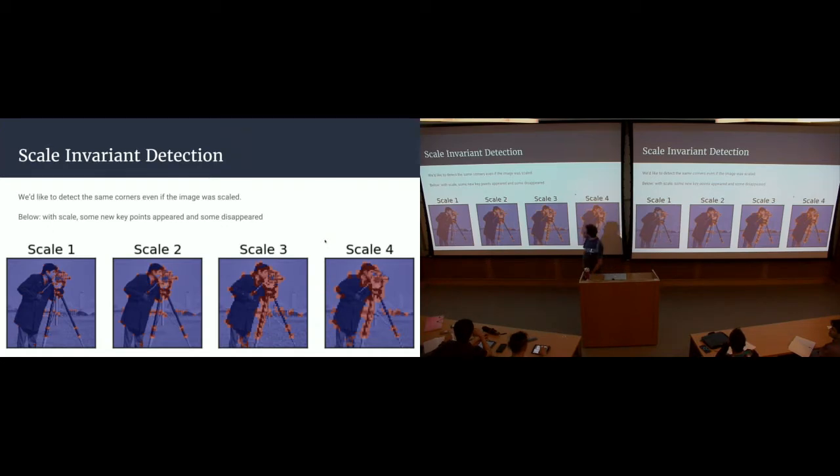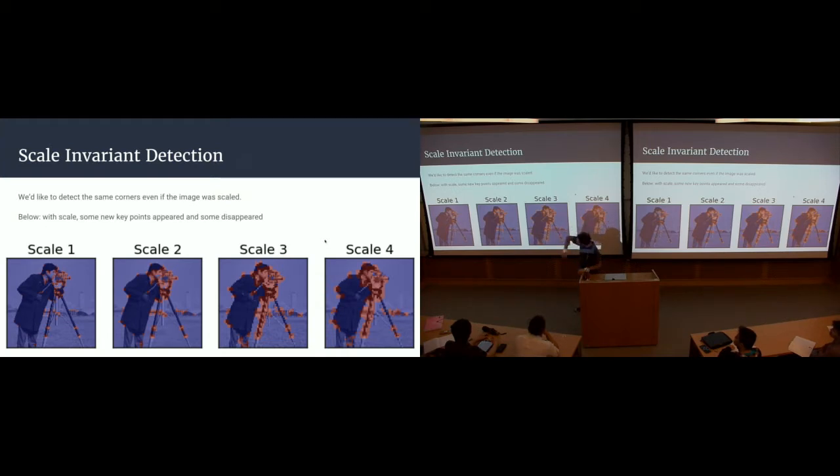But if there was any kind of transformation in our target image, let's say it was downscaled by half, we would no longer be able to find the same points because it's not invariant to scale, right? We were only looking at one scale. So here, what I wanted to point out is that some key points will appear and some will disappear.